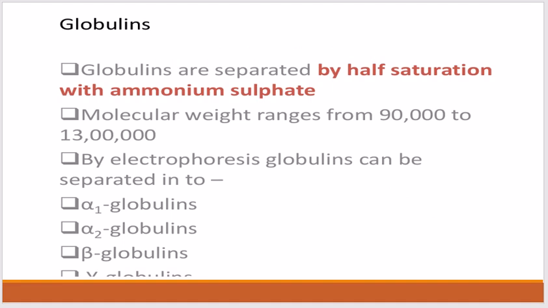All the globulins together form 29 to 54% of the plasma proteins. These globulins are separated by half saturation with ammonium sulfate, and the molecular weight ranges from 90,000 to 1,300,000.